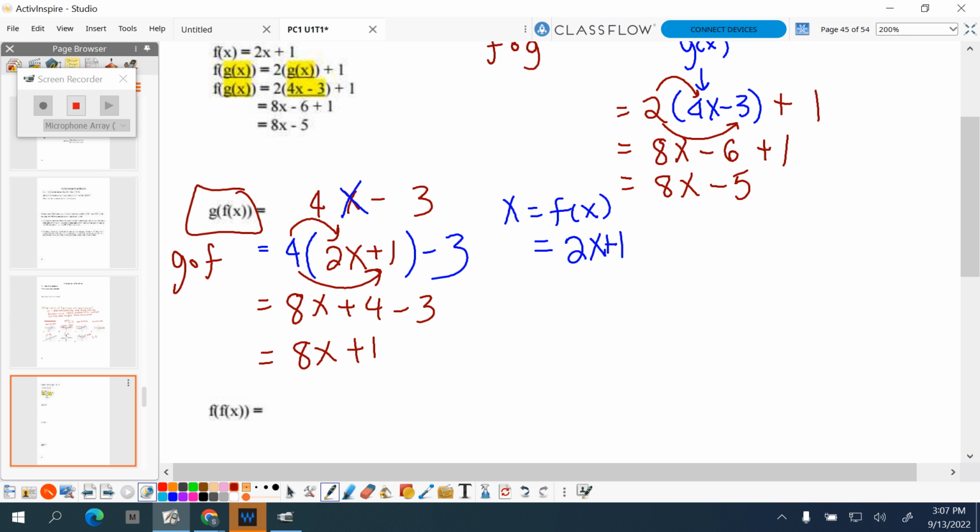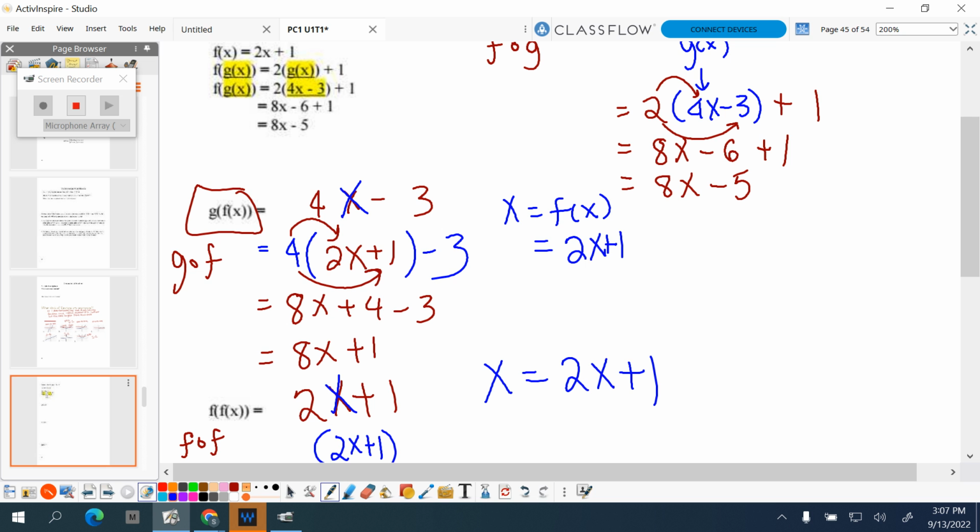So what about this one? How would I write this one? F of f. So let's write our f. So 2x plus 1. So what x are we replacing and what are we replacing with? We're replacing x with f of x. Okay? I'm going to write that out. 2x plus 1.